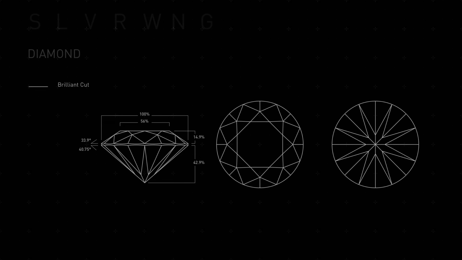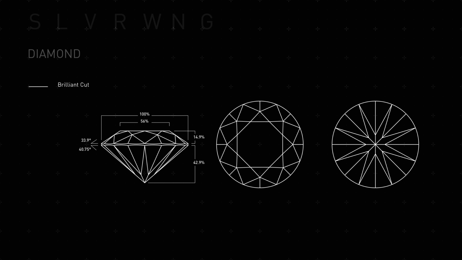So, first point here, the cut. There are basically endless variations of cuts for gemstones out there, but we will be talking about the brilliant cut today. There's even variations on the brilliant cut, but this is sort of an average cut that I will call good enough. So, why is the cut so important?